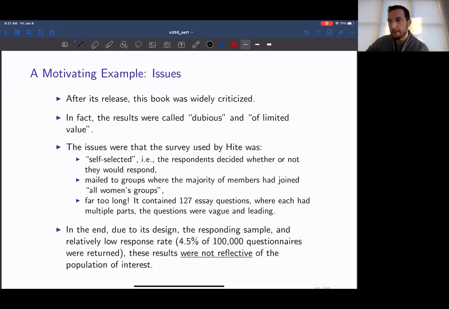The group that was selected to fill out the questionnaire that corresponded to this survey were typically members that belonged to all women's groups. And then the questionnaire turned out to be 127 essay questions. So this is a really long survey, something that would take likely hours over several days to complete.